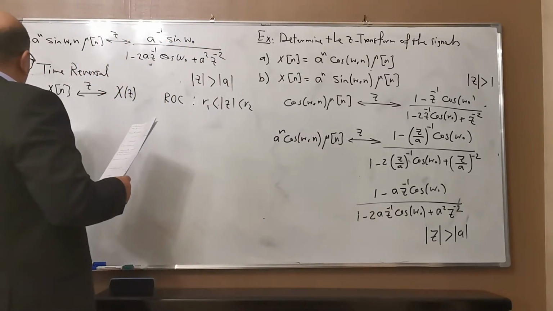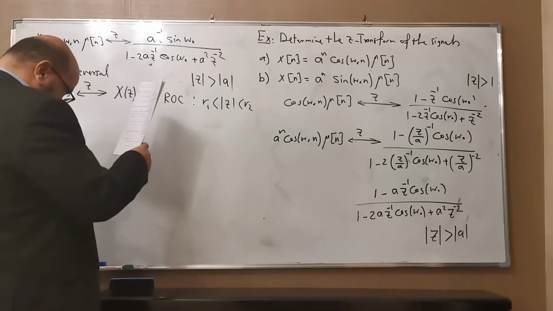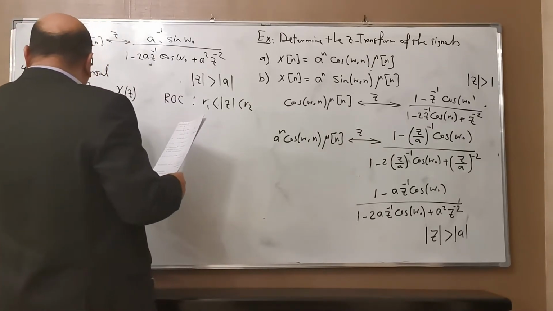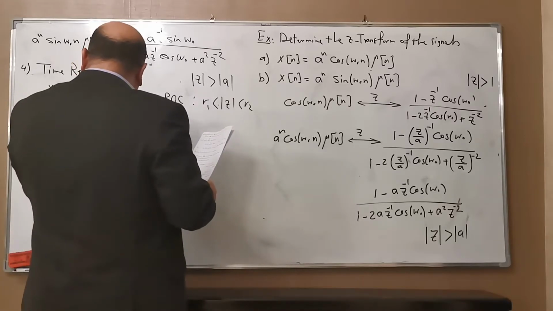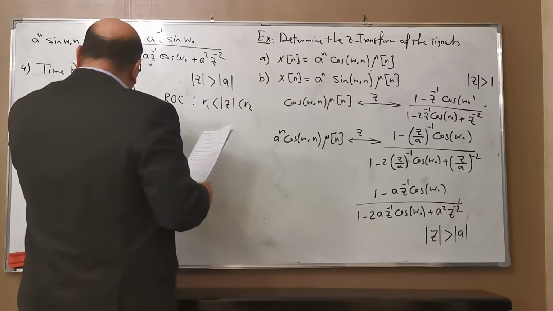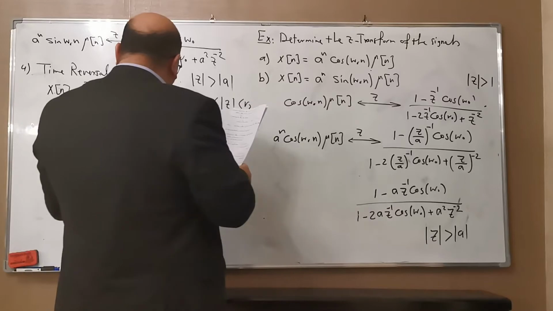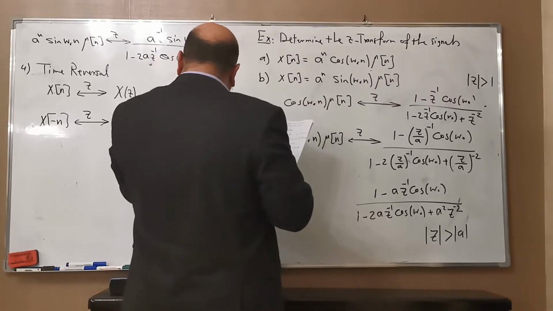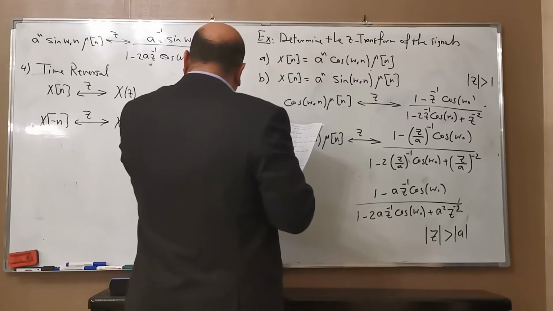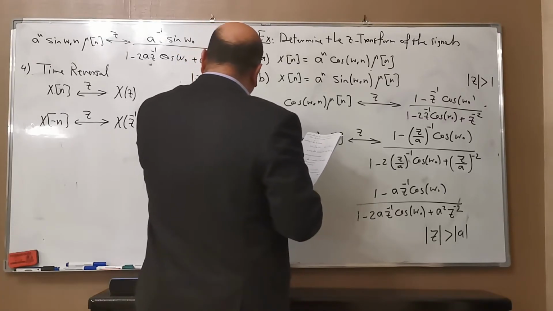If we have x of minus n, this has the Z transform of x of z inverse, and the ROC is 1 over R2 less than the magnitude of z less than 1 over R1.